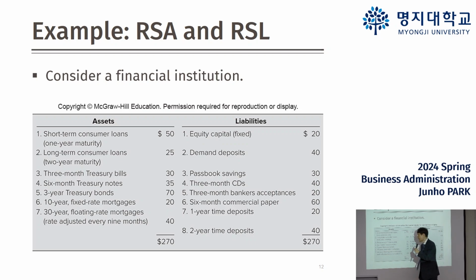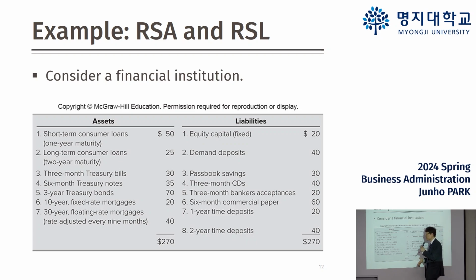Number 6, 10-year fixed rate mortgages. Mortgages are loans provided to the house purchasers, and they guarantee that they are going to repay using their houses. So here the maturity is 10 years, and as you can guess, this is longer than 1 year, so we are not going to include number 6 in our calculation. These are not rate sensitive assets.